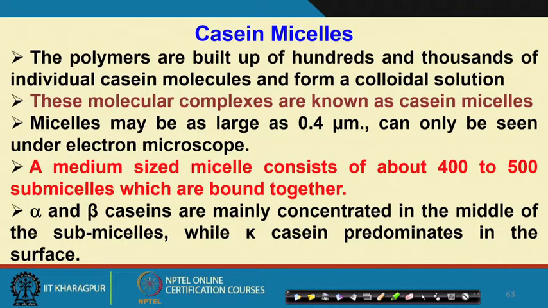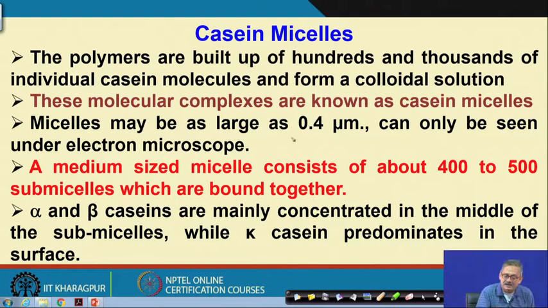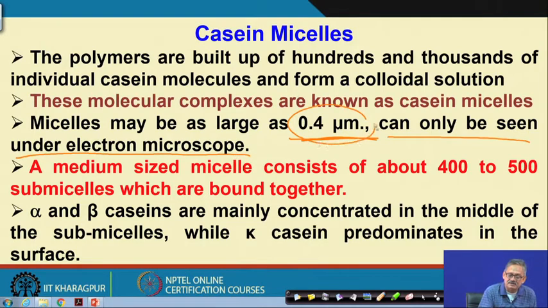These molecular complexes are known as casein micelle, and a micelle may be as large as 0.4 micrometer, and can only be seen under a microscope, because that is why it is called micrometer; you cannot see it with the naked eye. 0.4 is very small, right.